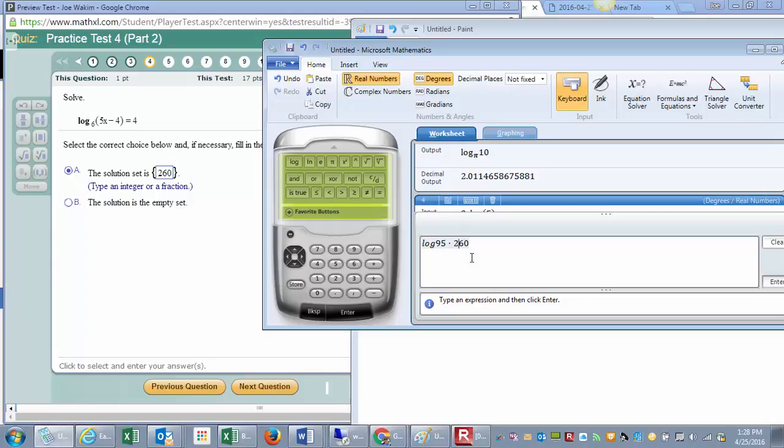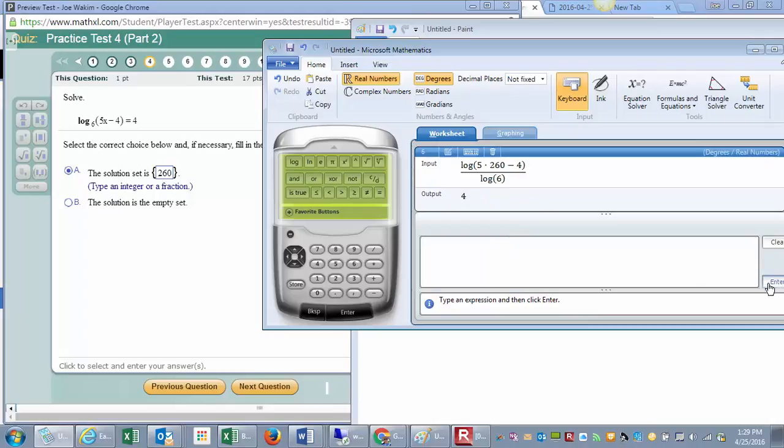Okay, let me try again. Log 5 times 260 minus 4, and this is divided by log 6. So I change this to a base 10, see if I get the same answer. And I should get 4, and I got 4, so that's right.